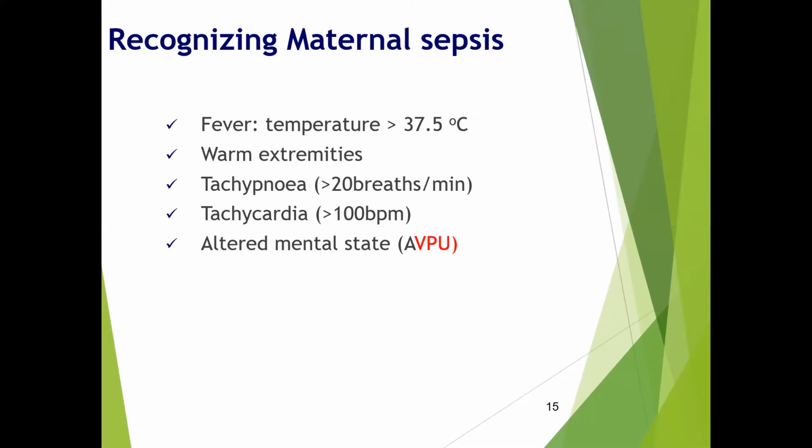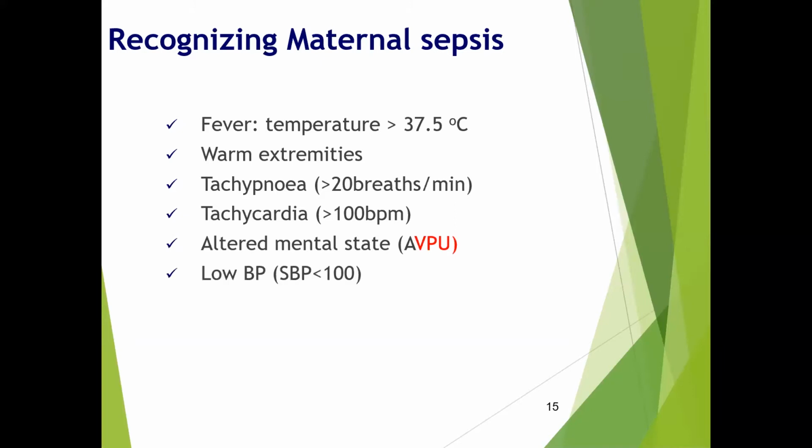With your AVPU, you just look at your patient. Is your patient alert? If the patient is alert, at least you know that the GCS is around 15/15. The minute it starts going to VPU, which is response to your voice, your pain, or unresponsiveness, you know that your patient has got an altered mental state.